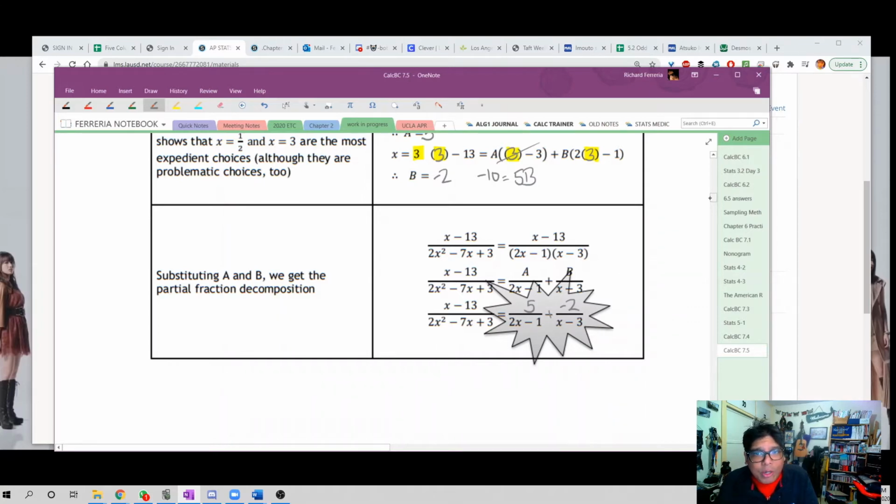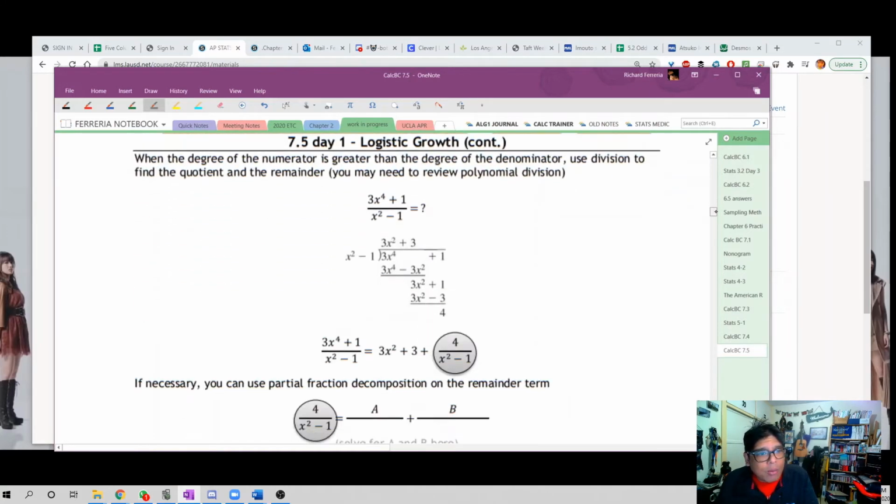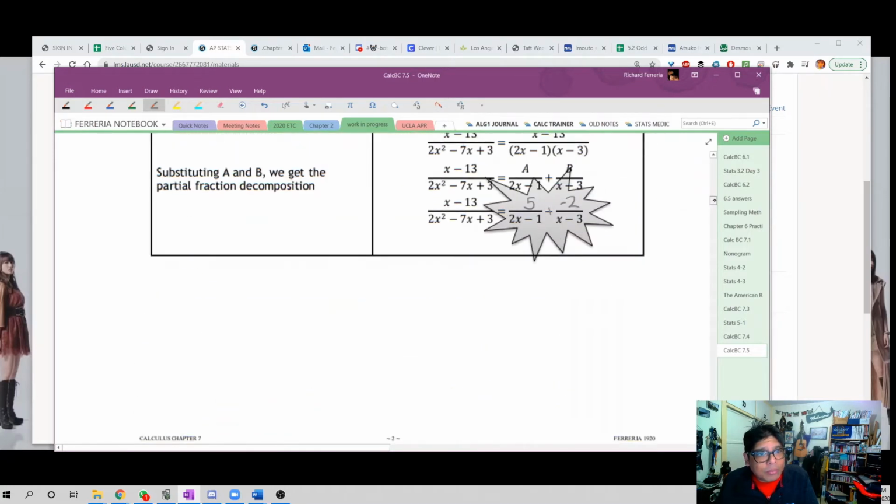We now have a partial fraction decomposition, and the next part is we need to use that partial fraction decomposition.